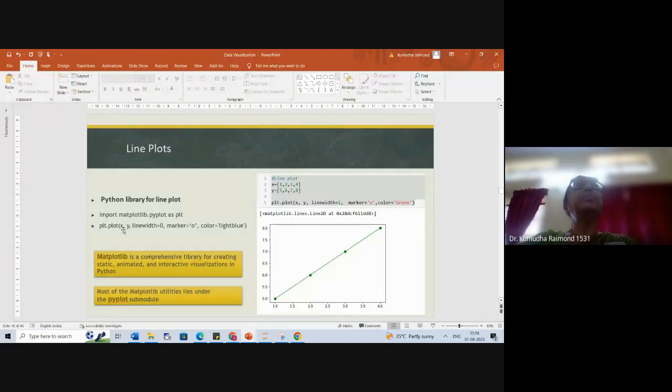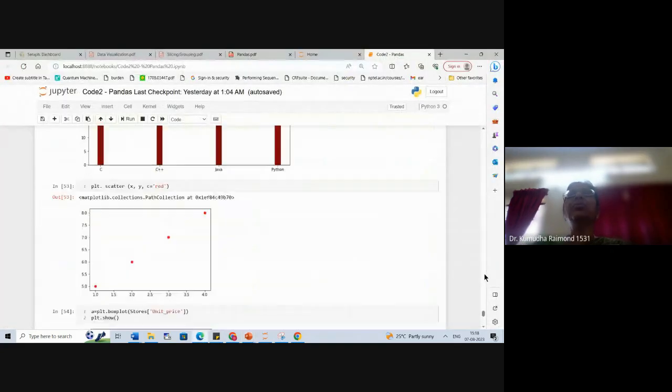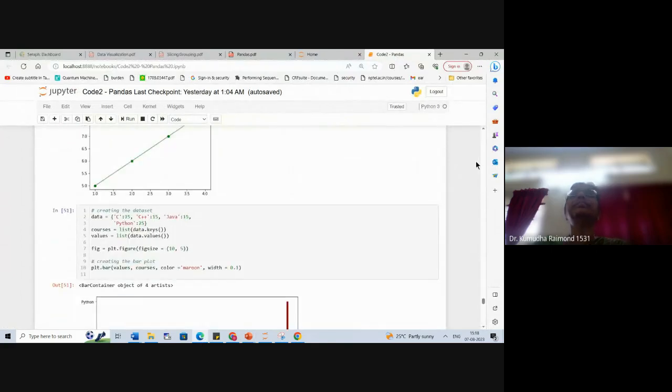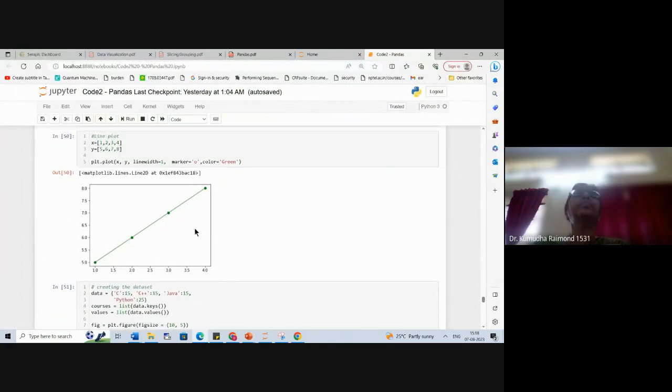So if I put plt.plot of x, y, I will get this particular answer. As you can see over here, it is a pyplot. I have given a value of x and a value of y. So we want plt.plot of x comma y, and markers, color, line width, everything has been given.